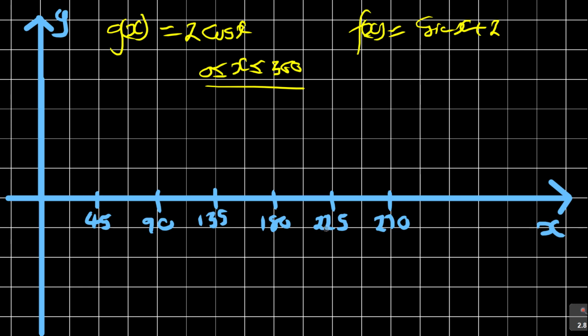Am I right? 225 plus 45, 270, then after 270 plus 45, what was that? 315, am I right? And then what, this one, 360 here, sorry, 360. So this is what you have.